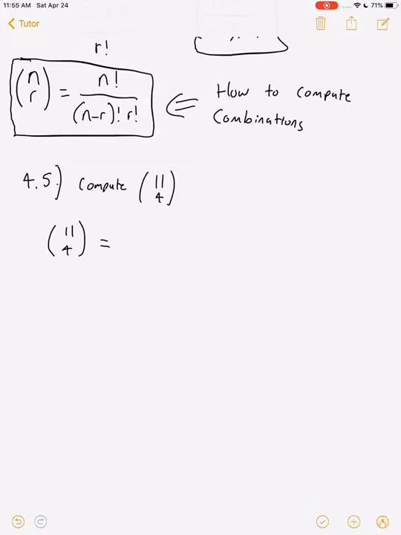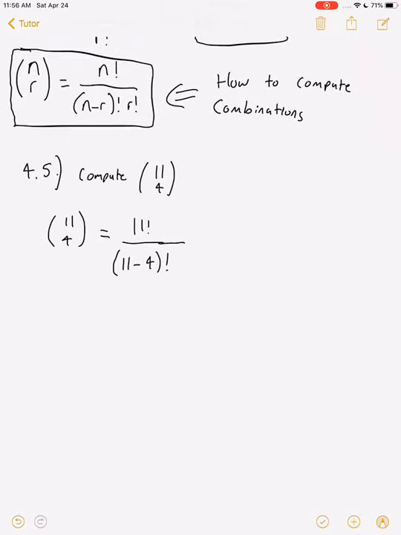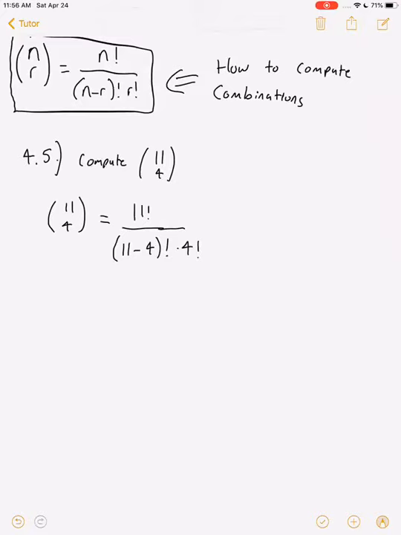So the formula is 11 factorial over 11 minus 4 factorial and 4 factorial. Perfect.